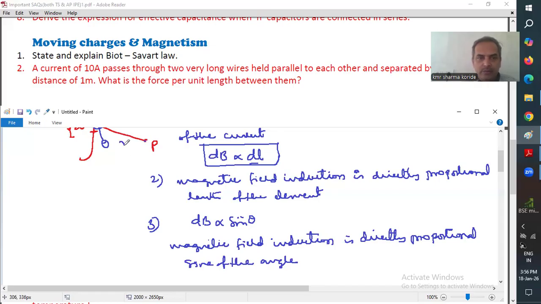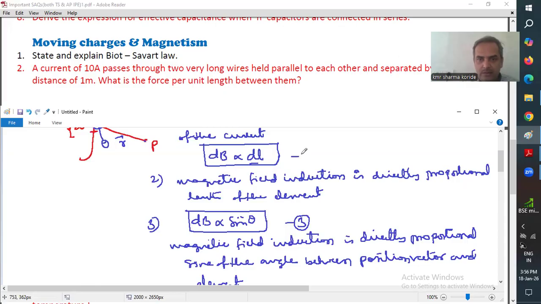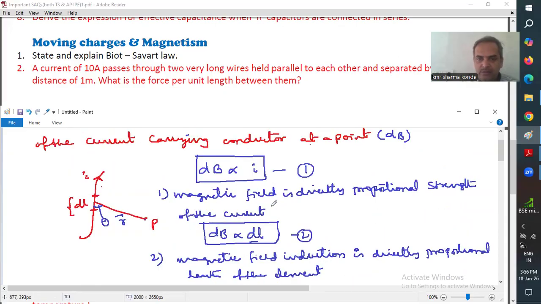So what is the position vector? The position vector is this. Sine of the angle between the position vector and the element dl. You can see this equation and understand. This is the third, this is the second, and this one is the first.